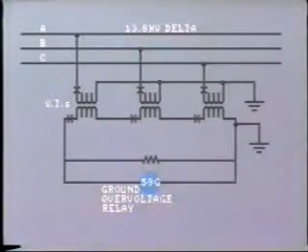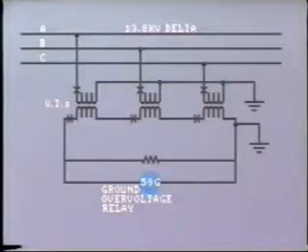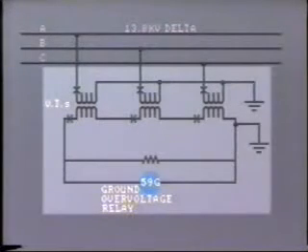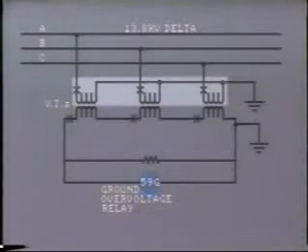However, there are sometimes areas of a distribution system operating at, say, 13.8 kV connected in delta, and therefore have no accessible neutral point. In this case, ground detection equipment is usually installed as shown here. This is, in essence, a Y-delta transformer. The Y-connected primary provides a neutral for the delta system, and this is solidly grounded.